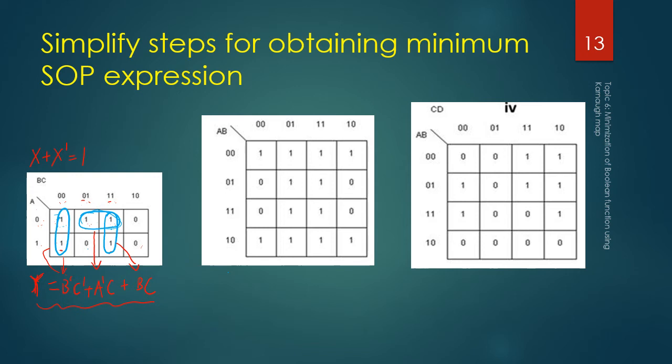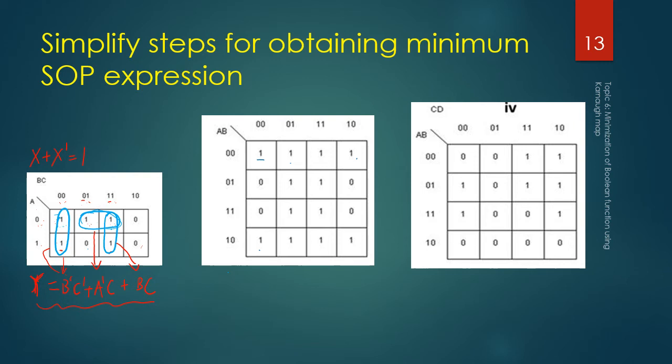Say we have a four variable system like this. First, let's group them. Check the squares with value 1s and find the most isolated one. I will say this one, because it has one neighbor equal to 0, and it has 1, 2, 3 neighbors equal to 1.